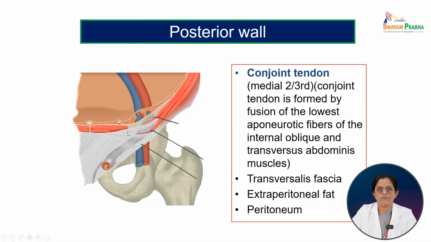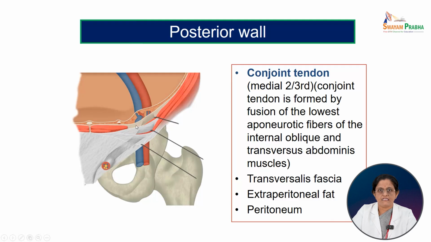Conjoint tendon is formed by fusion of the lowest aponeurotic fibers of internal oblique and transversus abdominis. This is the internal oblique aponeurosis, this is the transversus abdominis aponeurosis. So, this forms the conjoint tendon which forms the posterior boundary of the inguinal canal.